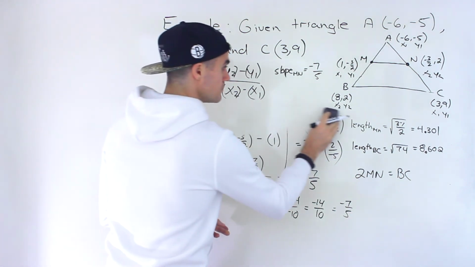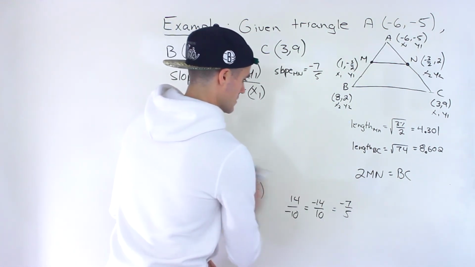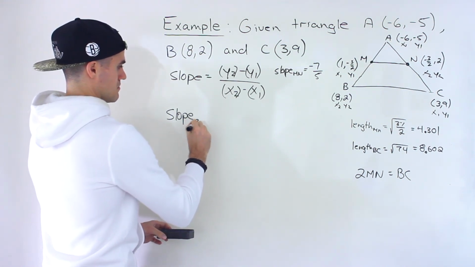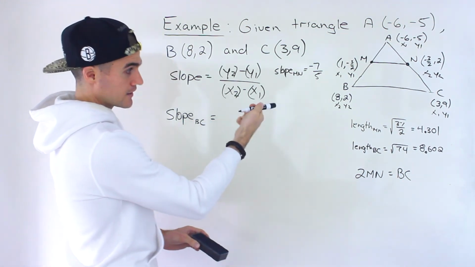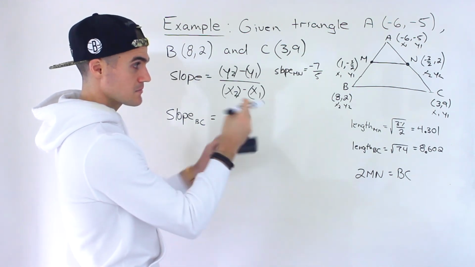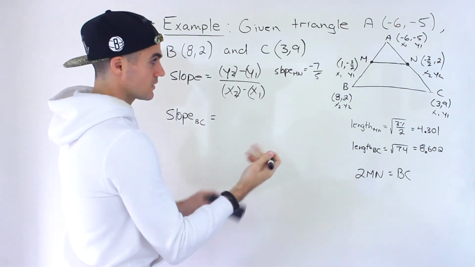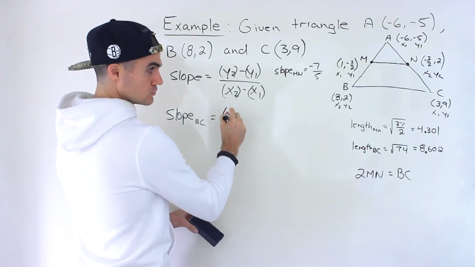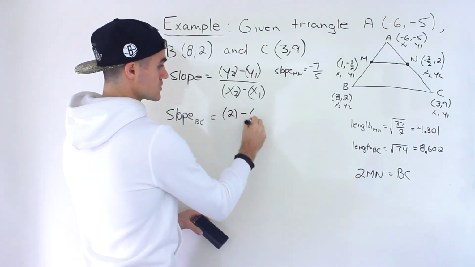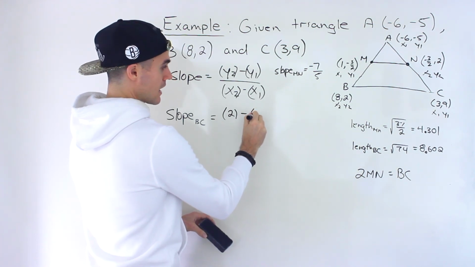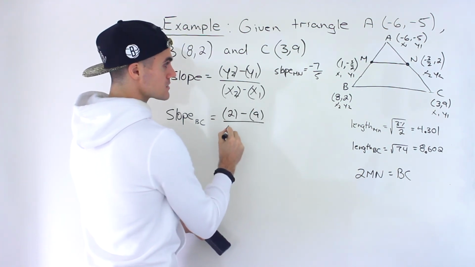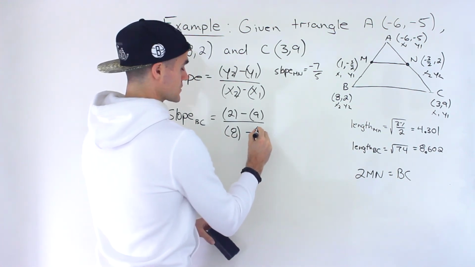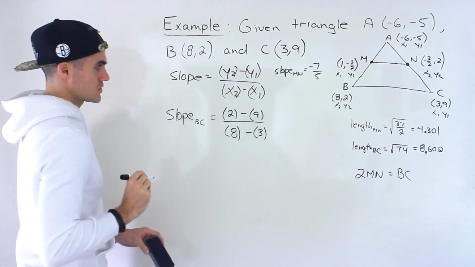So the slope of BC, we already have x2, y2, x1, y1 labeled. Doesn't matter which order, still get the same slope. So we'll have y2, which is 2, minus y1, which is 9, over x2, 8, minus x1, which is 3.